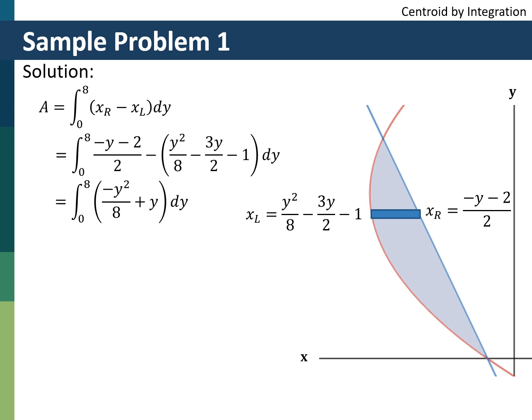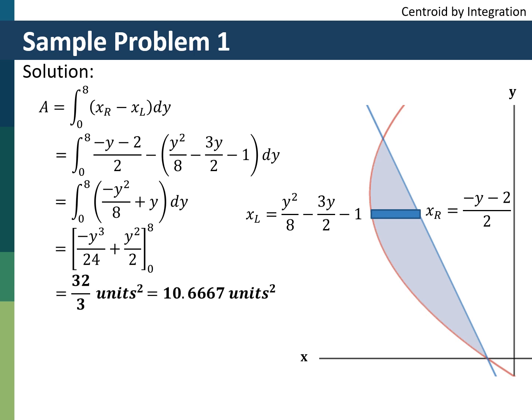Simplifying, we would have the integral of negative y squared over 8 plus y with respect to y. The integrated form would be negative y cubed over 24 plus y squared over 2. Evaluating this from 0 to 8 would give us the value of the area, which is 10.6667 square units.